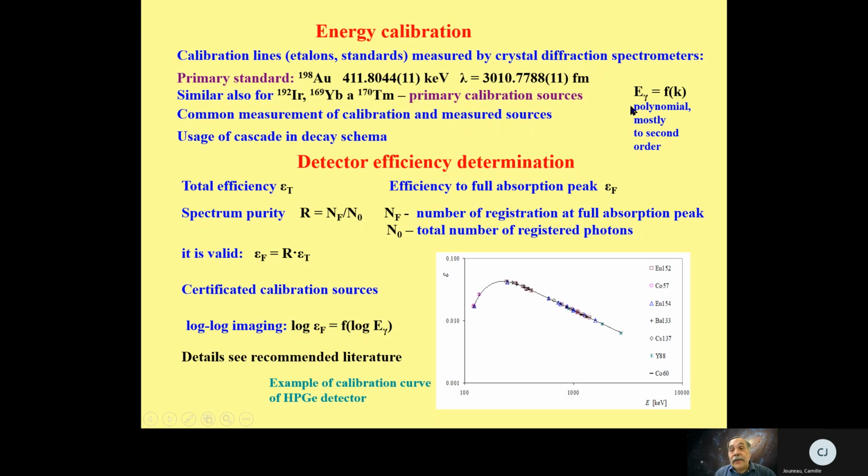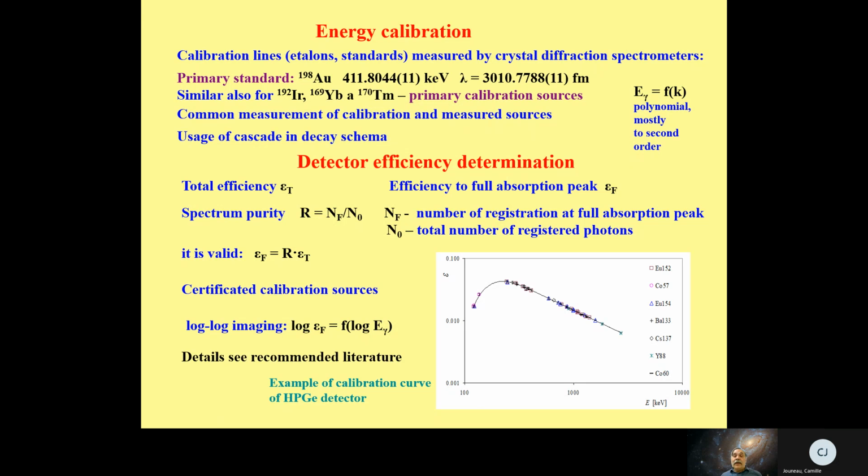Okay, in this case it's possible to make some scale and relation between energy and position in channels, and this function usually should be near to linear, but okay, quadratic is sometimes better.